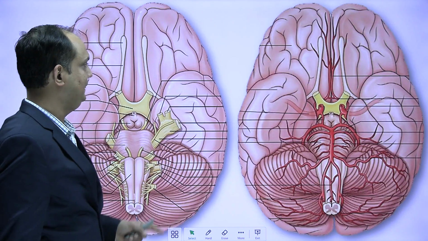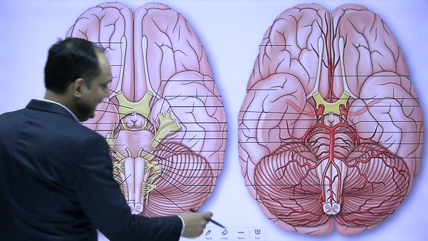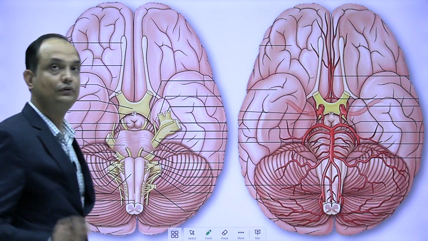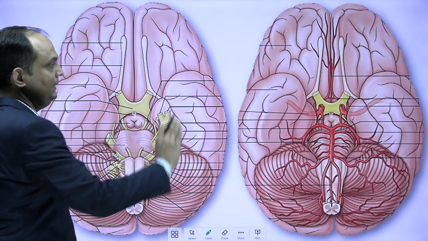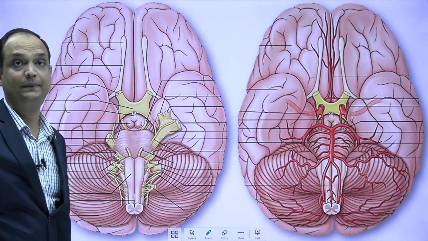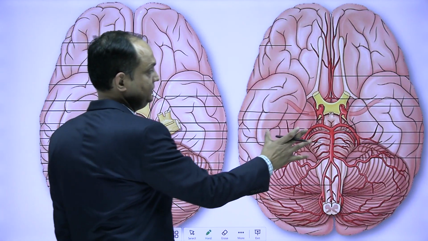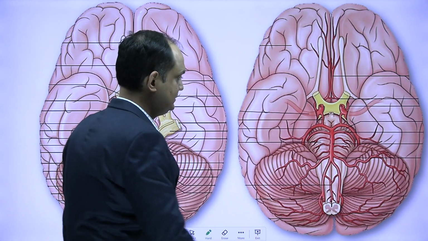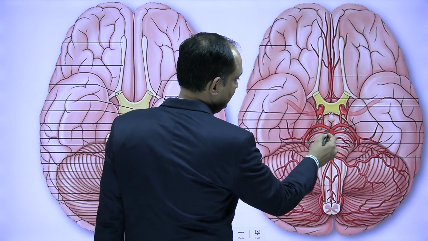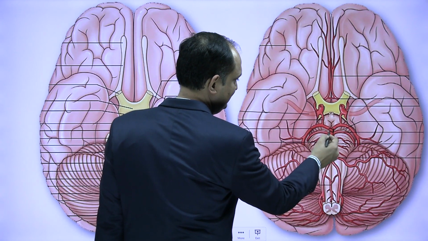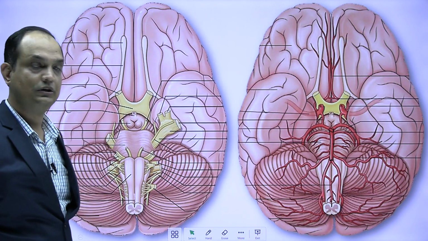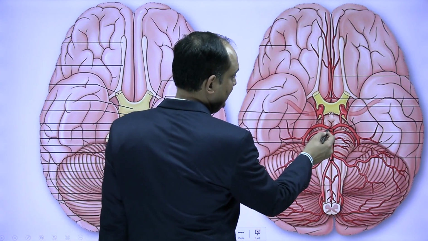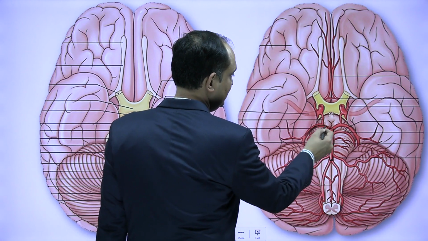Now in this interpeduncular fossa, you have the relation of two important branches of the basilar artery. Now this is the image of the base of the brain. Here you can see the formation of the circle of Willis. This is your basilar artery, which is present on the anterior surface of the pons. This basilar artery divides into the posterior cerebral arteries.